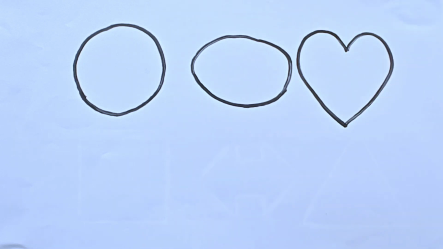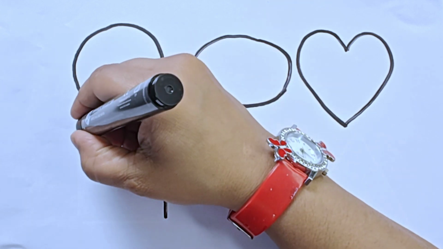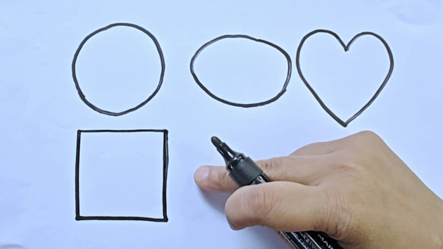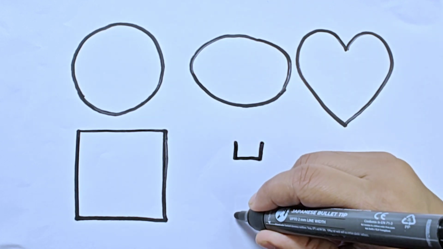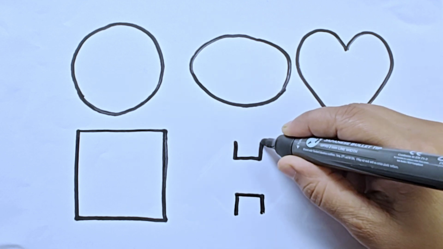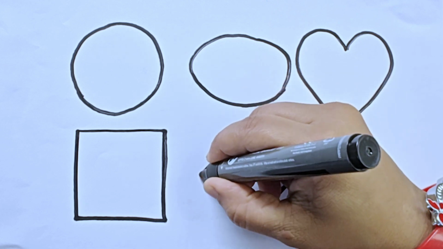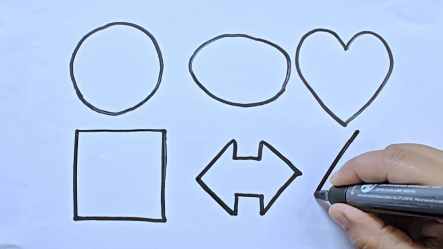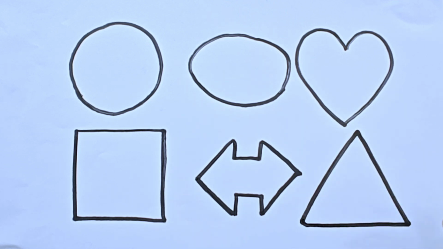It is heart. It is square. It is left right arrow. This is triangle.